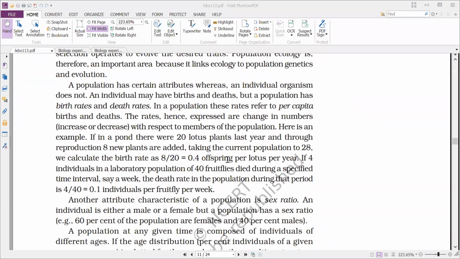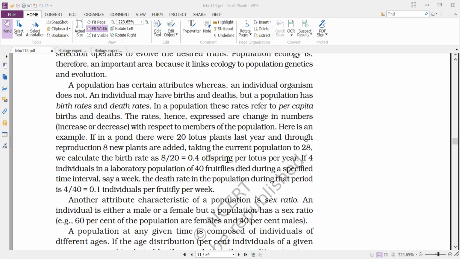The rates hence expressed are a change in number, increase or decrease. The birth rate or death rate may increase or decrease. While studying reproductive health, we come across before independence and after independence. Before independence, the birth rate was lower and the death rate was high.